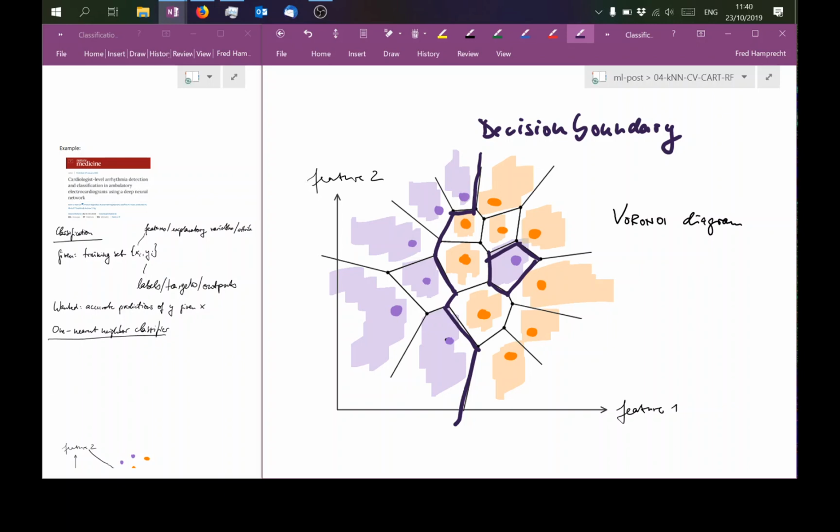It's never actually computed. The actual computation proceeds, as the name implies, given a query. We just look for which is the nearest neighbor, and then we make a prediction based on the label of that nearest neighbor. So the decision boundary is only implicit.